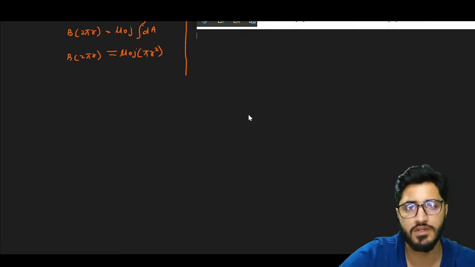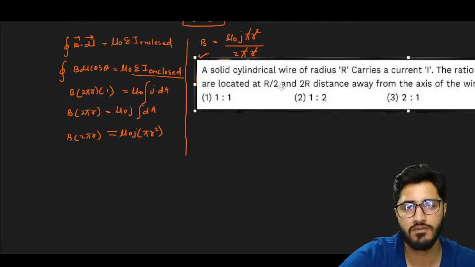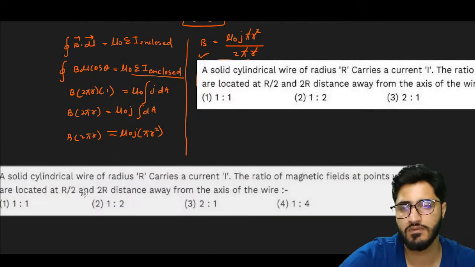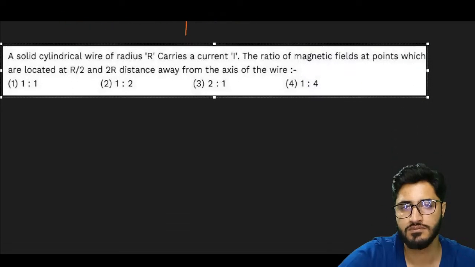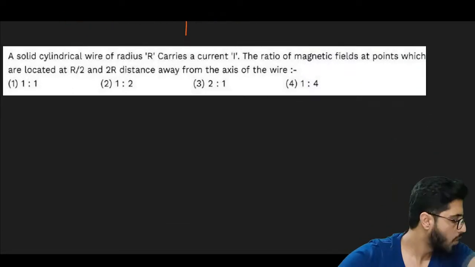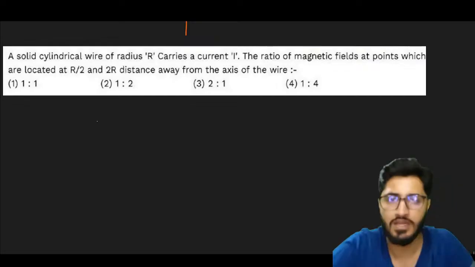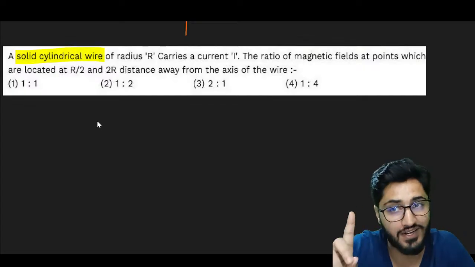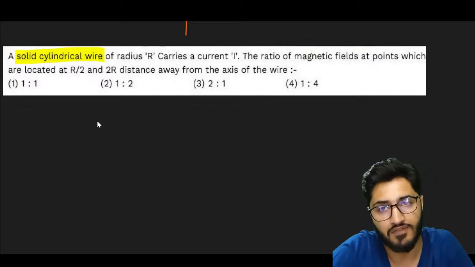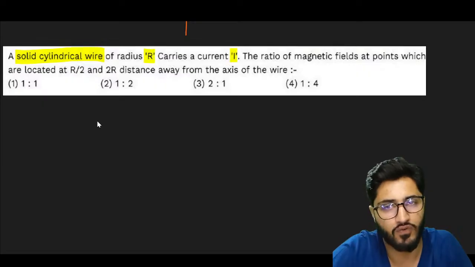Look now, it's my numerical. The numerical states that a solid cylindrical wire is given to us. It has radius r and current I is flowing through it.